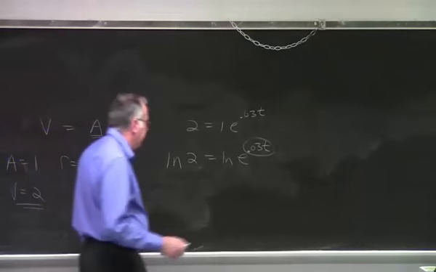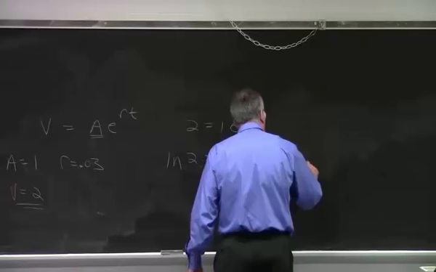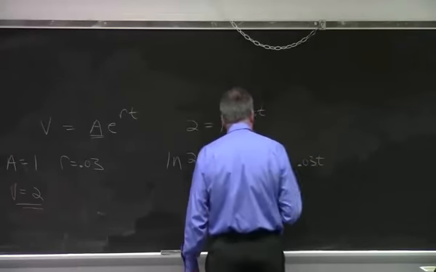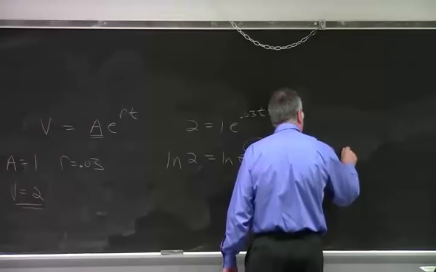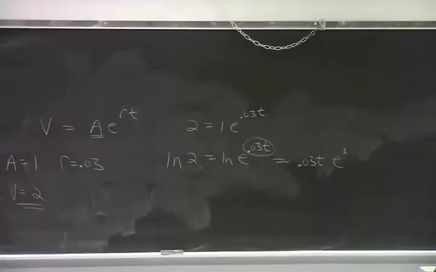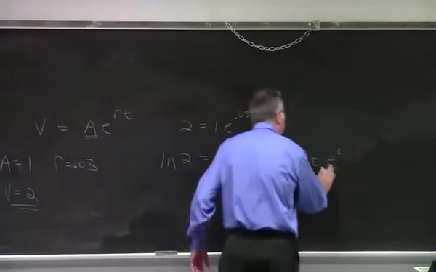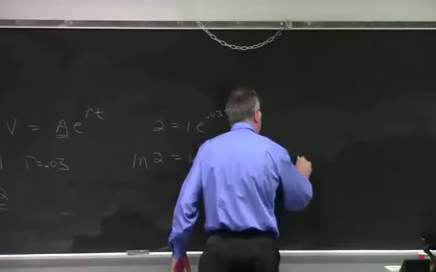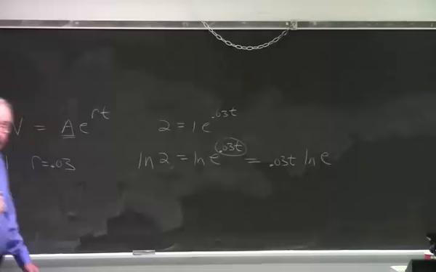So then you could bring this down and make this right-hand side 0.03t times the natural log of e. Oh, excuse me, I forgot the ln, didn't I?